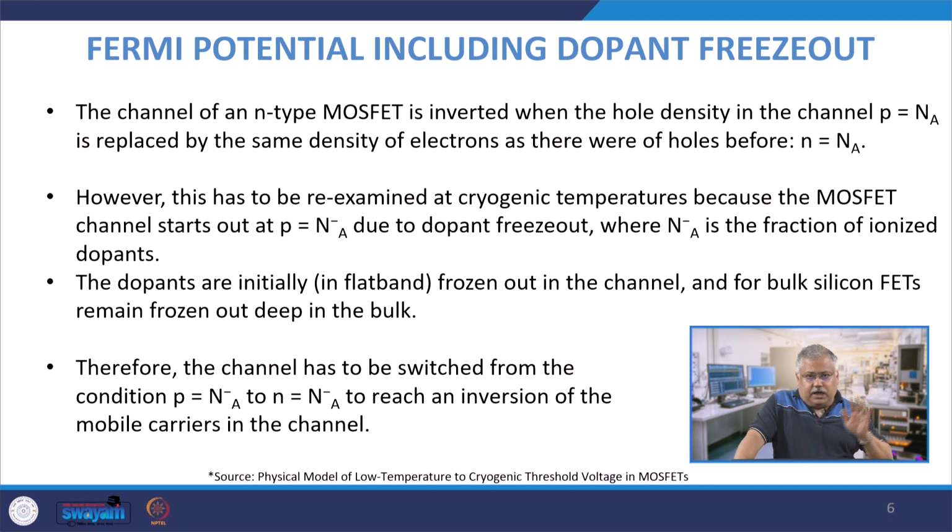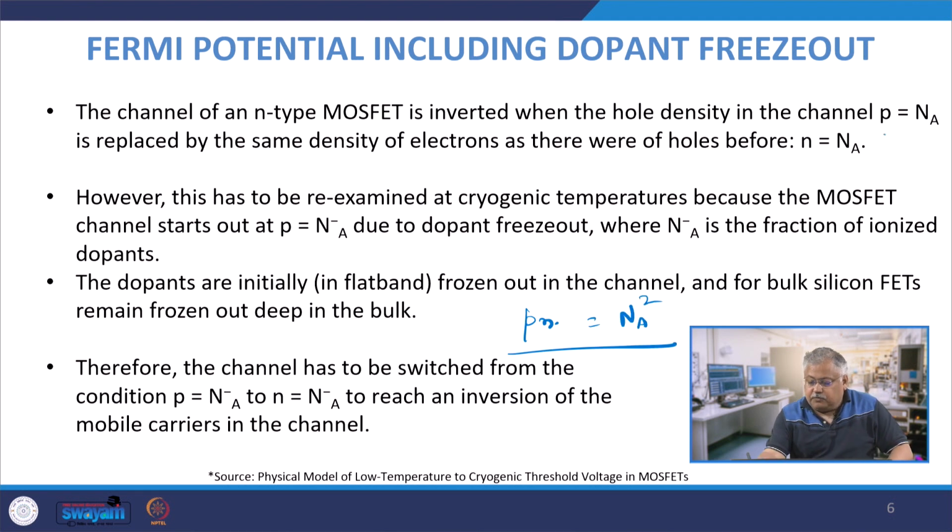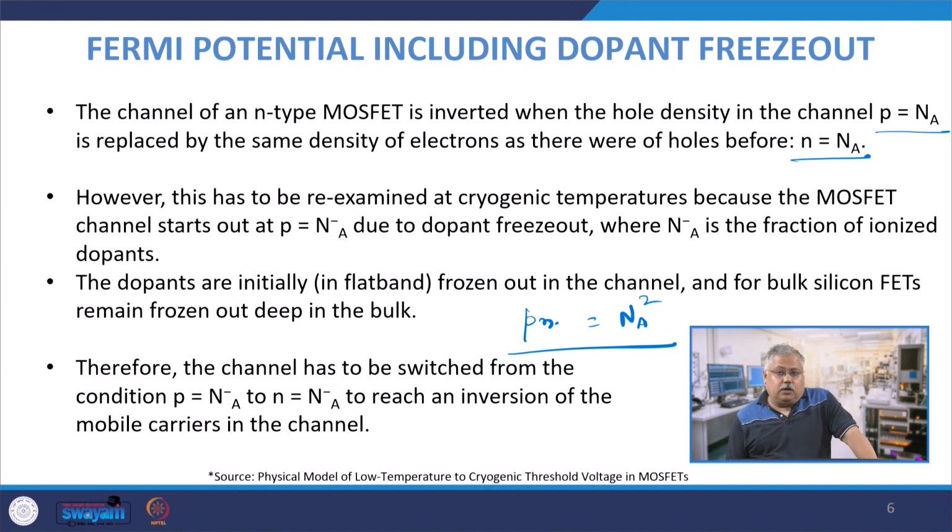Now, we have already learned about dopant freeze out. I will not go into details of this one, but when the hole density becomes equal to the acceptor ion concentration and the density of electrons is also equal to Na, then P times N will be nothing but Na squared, because P equals Na and N also equals Na. This means the number of holes contributed by the dopant species is P, and I assume the number of electrons is also the same.